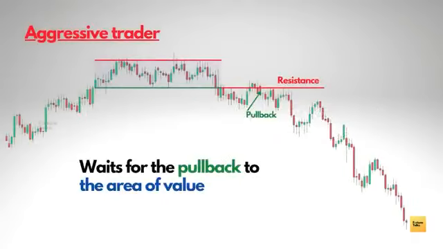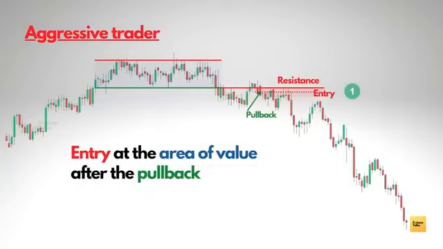Let us take the case of an aggressive trader. Now, the aggressive trader waits for the price to come back to the pullback area, which may be a support or resistance level, a trend line, a moving average, etc. And he enters the trade right away when the price pulls back to the level. Let us say point 1 marks this approach in the scenario of a breakout and pullback. Now, there are a few more points that you need to consider when choosing such an approach.